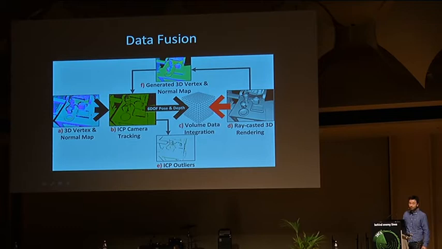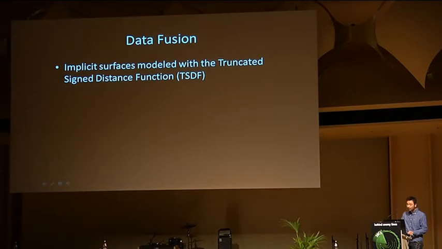But we don't use an occupancy grid. We model the surfaces as implicit surfaces. And that means we don't store explicit information of a surface in a voxel, but instead we only store distances to the closest surface in each voxel.